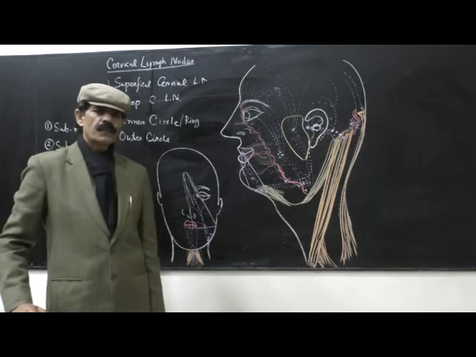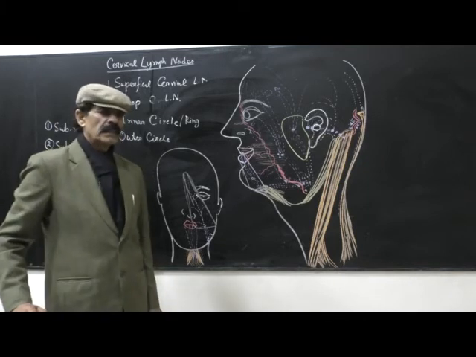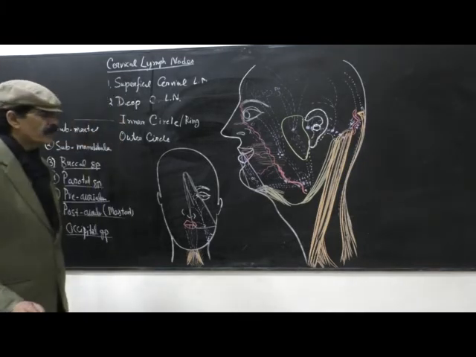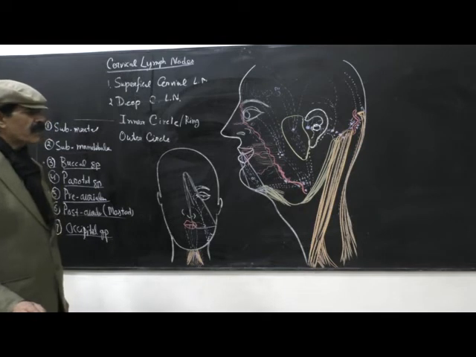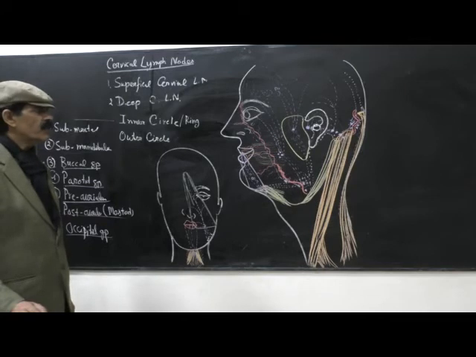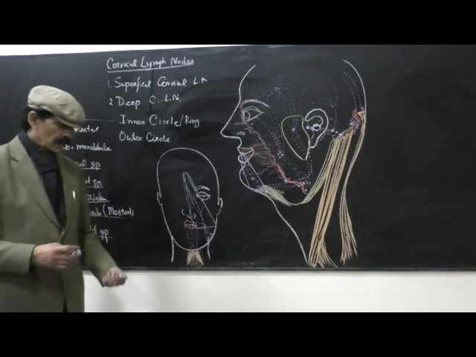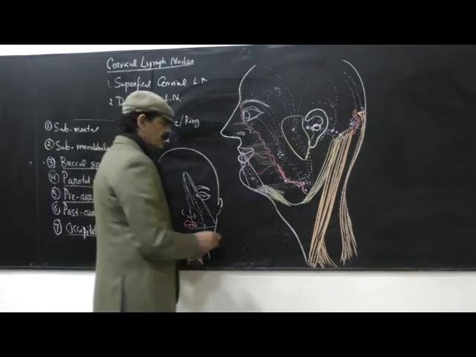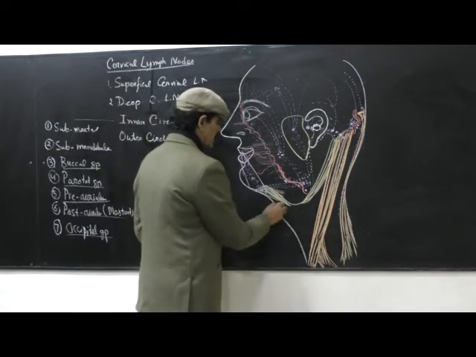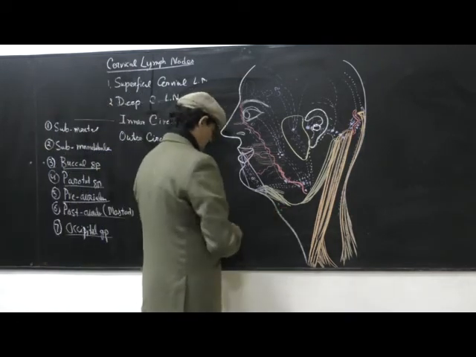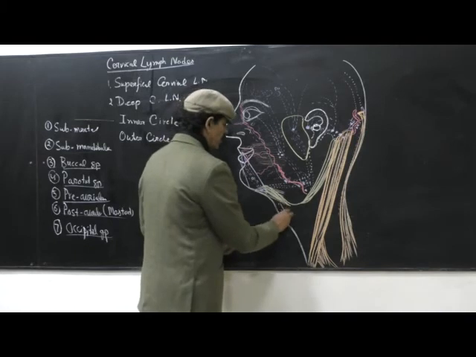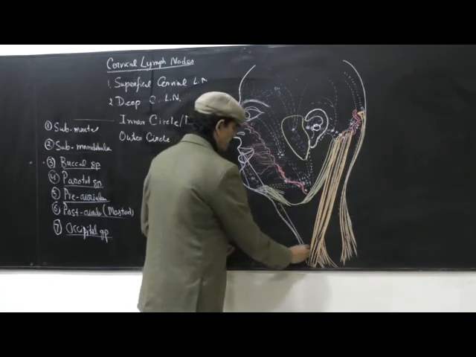Besides this, there also lies the anterior cervical group of lymph nodes, which are also superficial, but they are in the neck region. Out of this, one is lying along the anterior jugular veins in the anterior triangle.